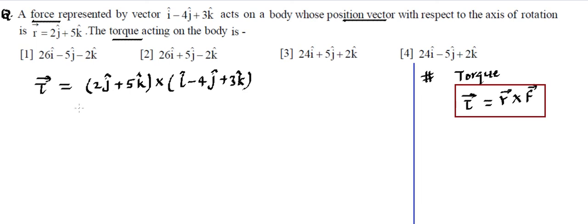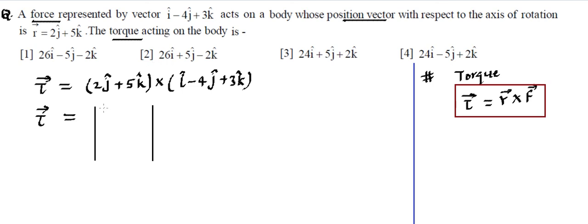Or I have also told you another method called the determinant method. So let me explain what the answer is going to be using the determinant method. You can do that on your own, but still I am going to explain it once so that you can check your answer or calculation.